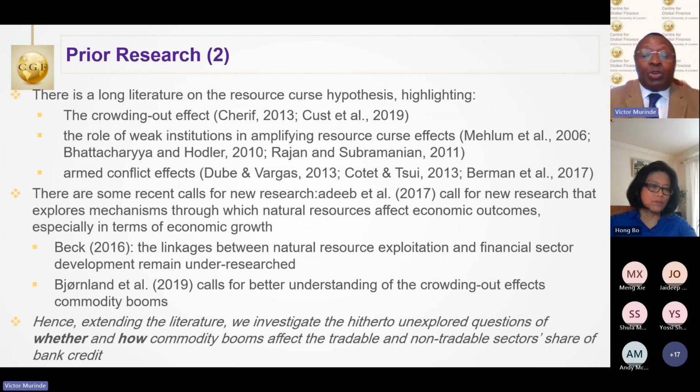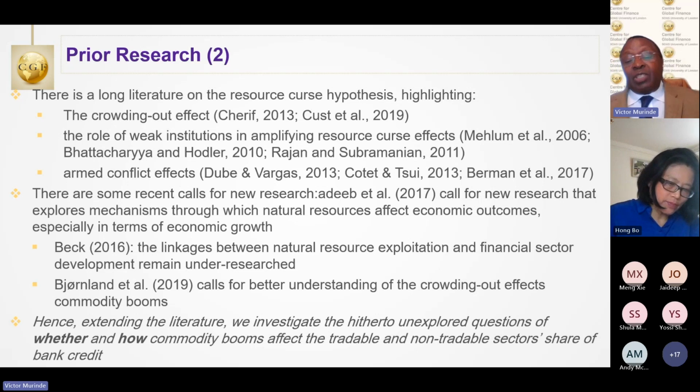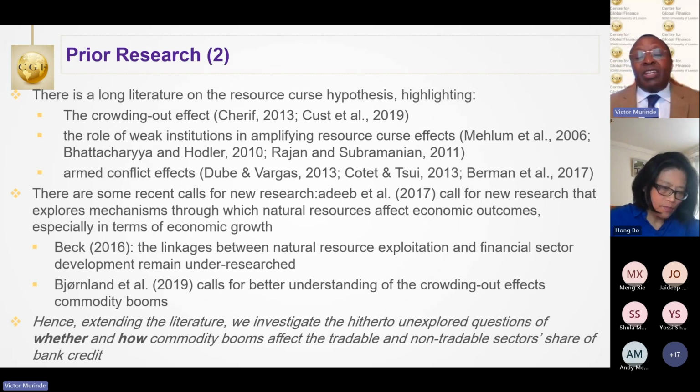So we are looking at the role of banks, if we go back to the flow of funds model, but trying to disentangle the heterogeneous effect between the tradable and non-tradable sectors of the economy, depending on how banks lend to various sectors. So this is one thrust of trying to build on this long literature and look for a dimension in which we could add some value.